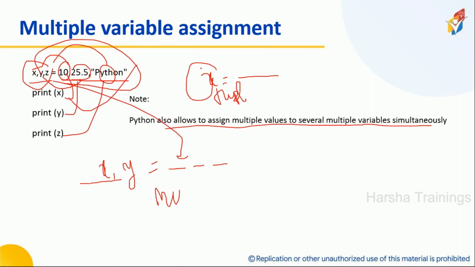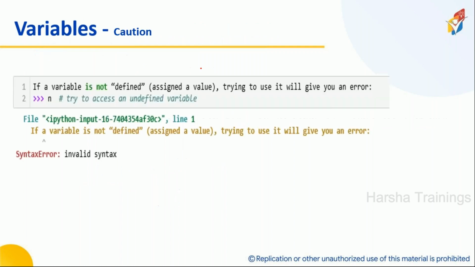Now, if you permit me, I will demonstrate all these things. And one more final point. Without assigning a value, for example n equal to 10, I can use the print function. Print is a function which is used to print anything onto the console. Print of n means it is going to print the value 10. If I use a variable without assigning any value, it will give an error.